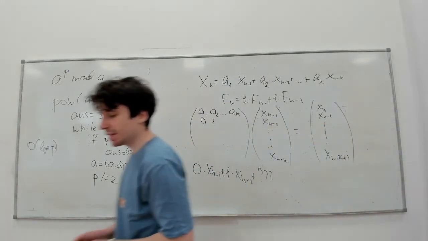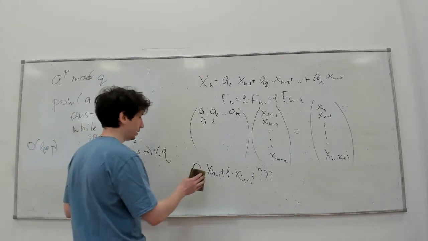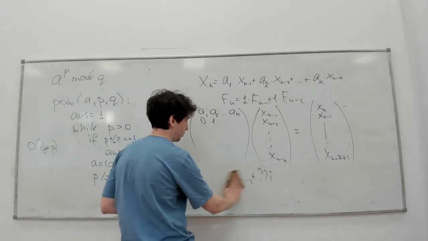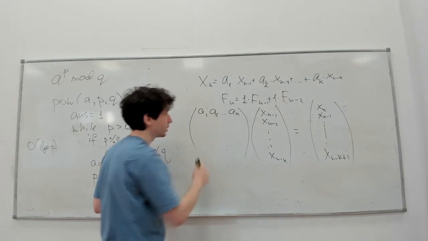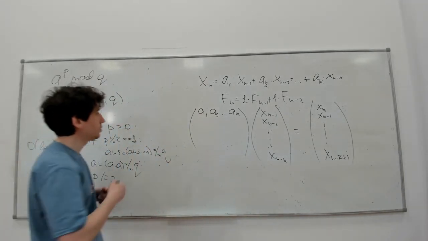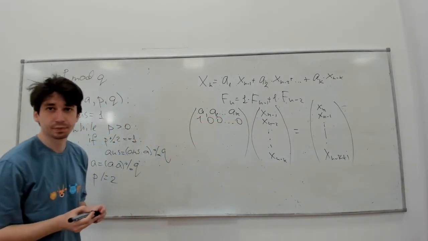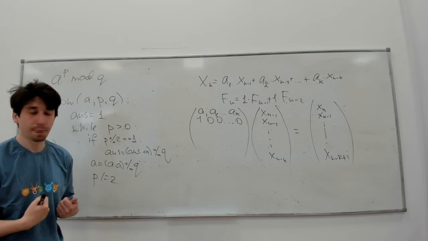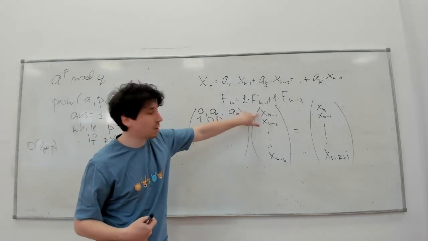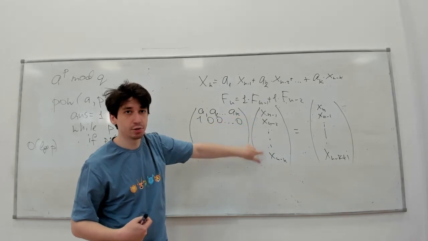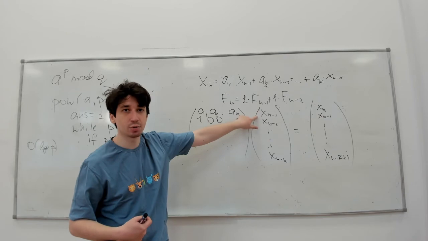The answer is again very simple. So the answer is 1 0 0 0. Why so? If you multiply this row by this column, you will have 1 here, 0 0 0 0 0 0 0. So you get exactly x n minus 1, okay?